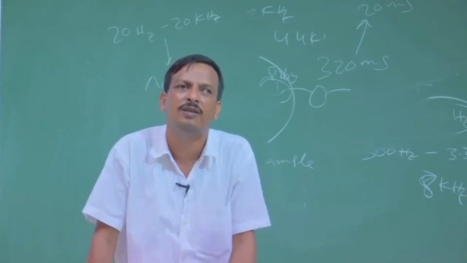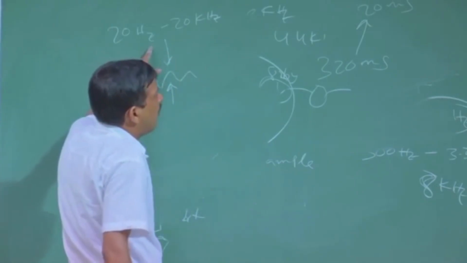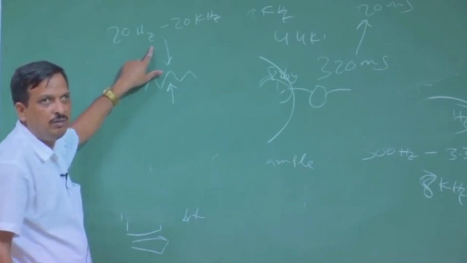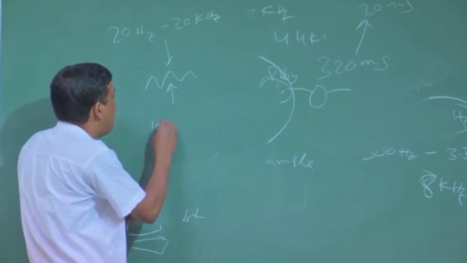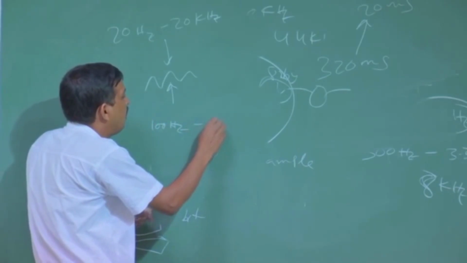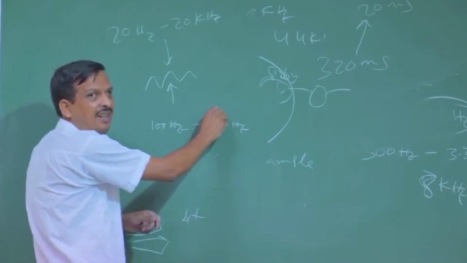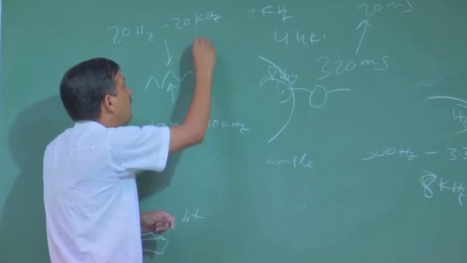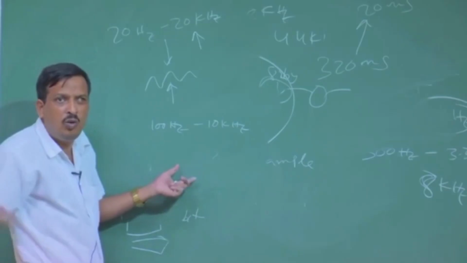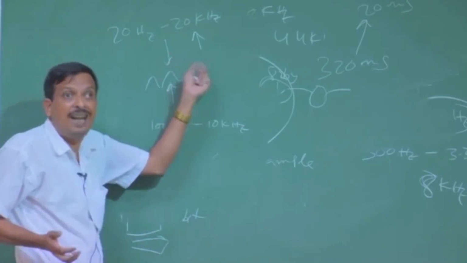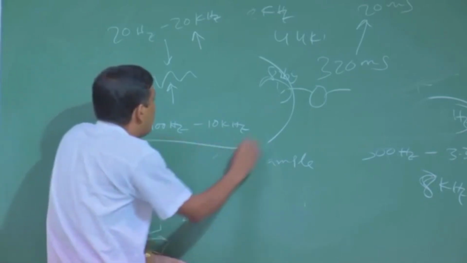Suppose I am recording speech with a microphone whose frequency response is maybe 100 hertz to 10 kilohertz. I cannot get the acoustic wave beyond 10 kilohertz. It may not be required in human speech, but I cannot get it, because my microphone has a limitation.